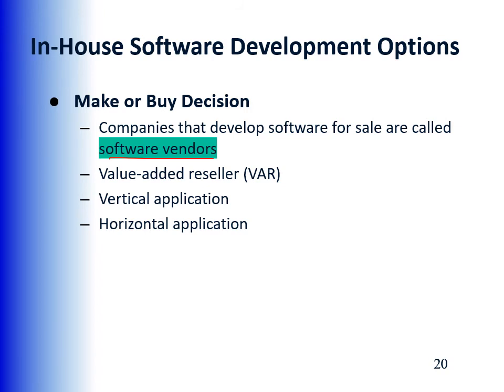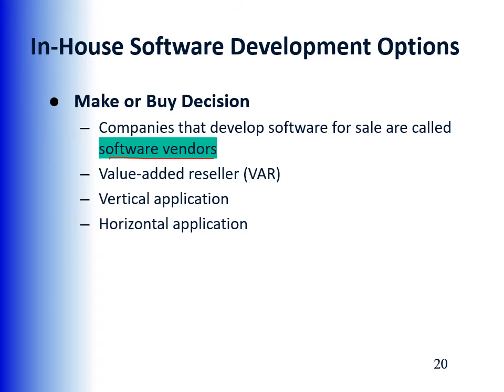A value-added reseller is a firm that enhances a commercial package by adding customer features and configuring it for a particular industry. For example, in Malaysia, Prestariang is a Microsoft value-added reseller for government.